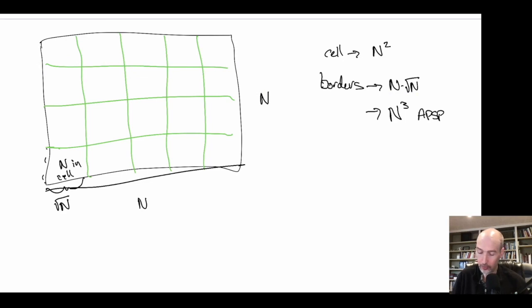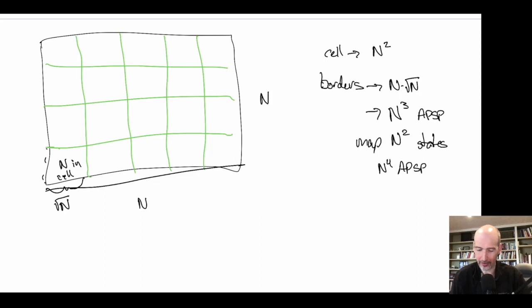There's actually 2 of those because we have to do those in both the horizontal and the vertical direction. But this is going to get me n cubed states. To be careful, it's a map with n to the 4th overall, because the map has n squared states, but all pair shortest path for the map itself between all states would be n to the 4th.